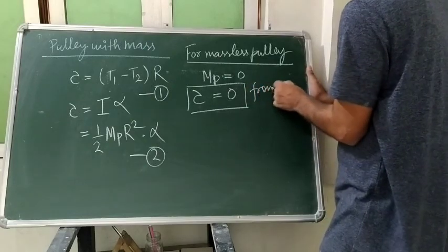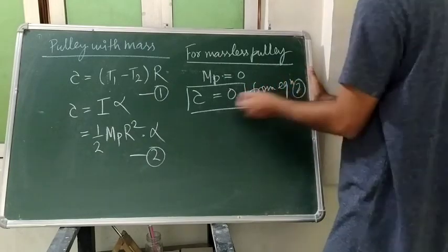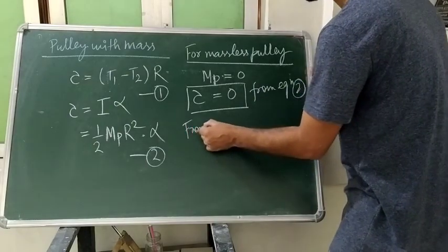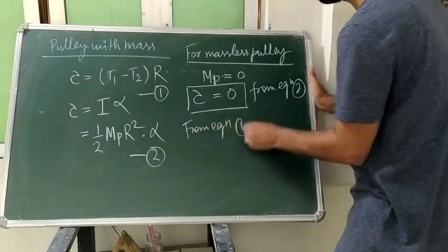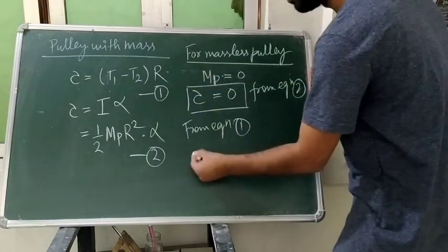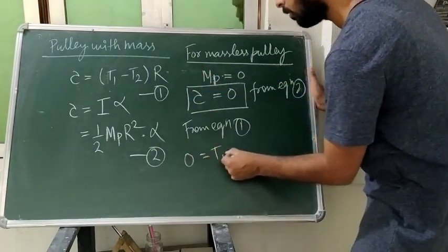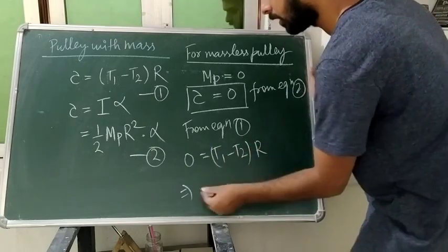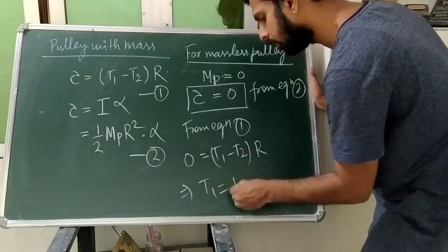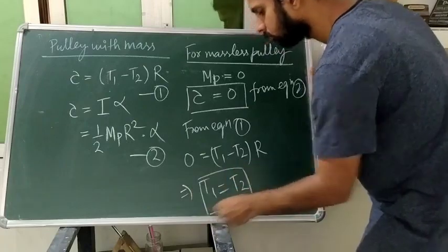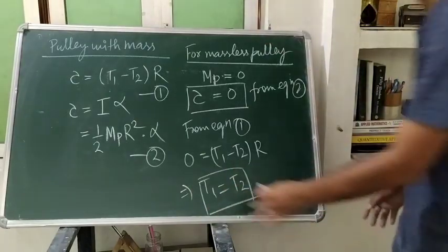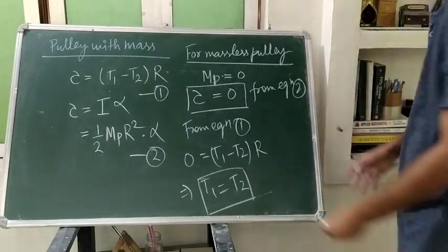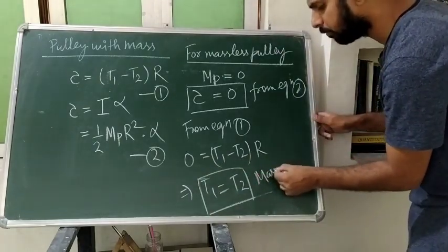From equation number 2, you can say that tau will be equal to 0. Now from equation 1, what you will get when tau is equal to 0? So 0 is equal to T1 minus T2 times R, which will give you what? T1 is equal to T2. Isn't it? This T1 will become T2 in the case of a massless pulley.